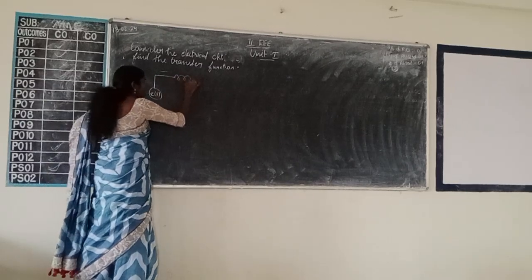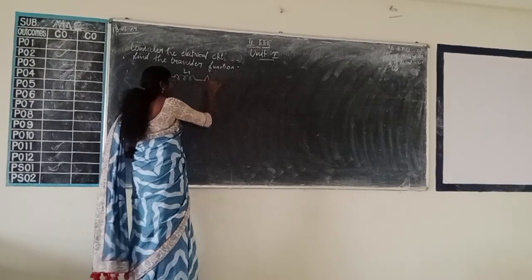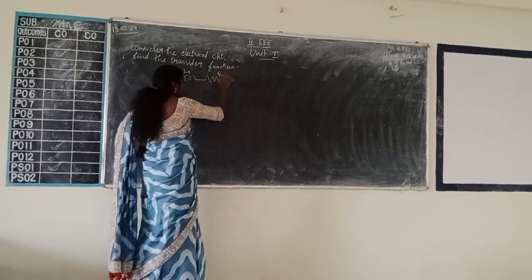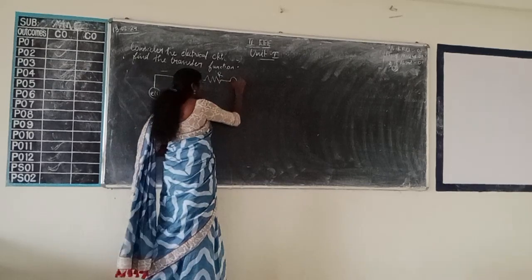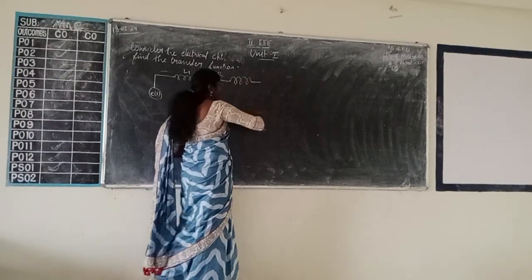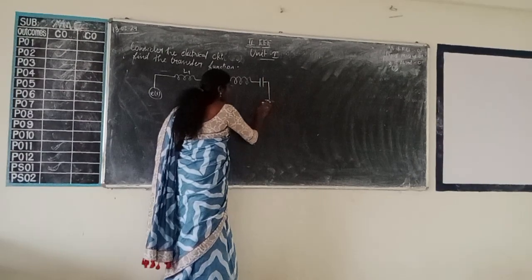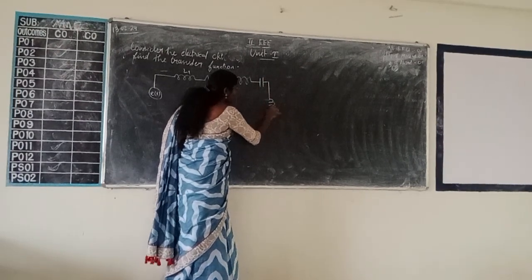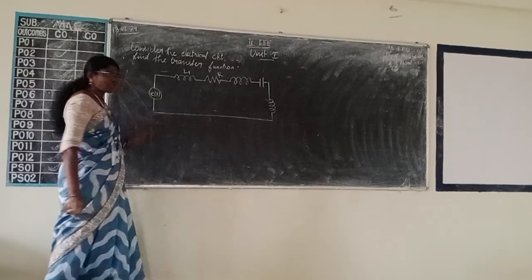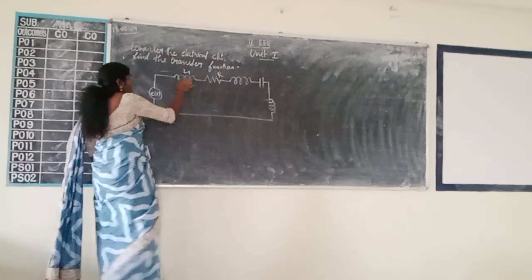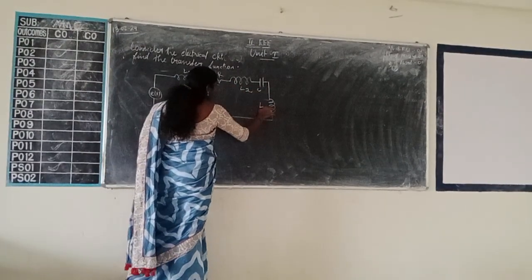Here the inductance is marked L1, then the resistor you can mark as R. Suppose there is an inductance and a capacitor as well, and at the output there is an inductor. If the circuit is like this, here it is marked L2, it may be C and then L2.